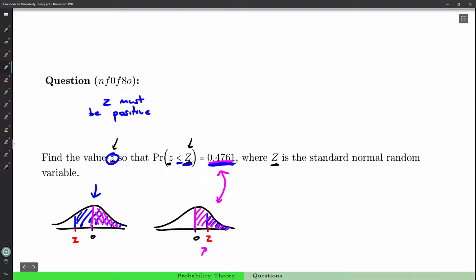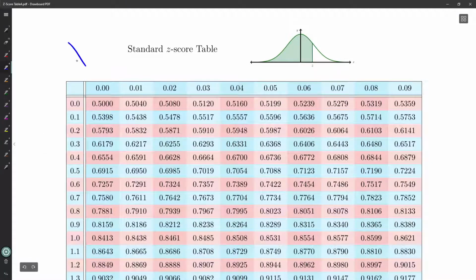Because the probability is less than a half, which of these pictures gives me an area that's less than a half? Well, this one over here, the one with the blue area being less than a half. Why do we bother talking about this? Because we should know what side of 0 our z-score is on, negative or positive, because we might need to do different things to it. Ultimately what we need to do is reduce it down so I can look something up in this table.